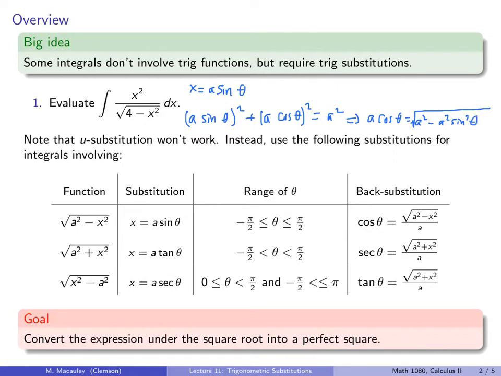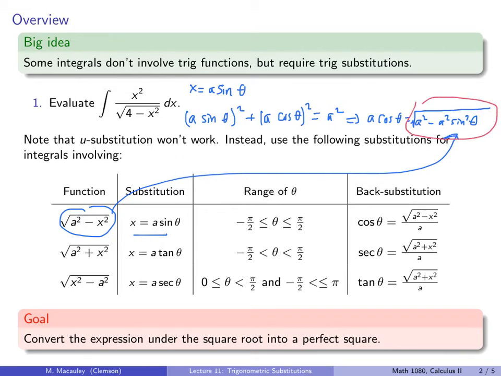And notice, when you make this substitution, this square root here is going to turn into that right there, which looks even worse until you realize that it is just equal to a cosine theta. And that is going to greatly simplify your integral right here. So what makes this work is just the fact that sine squared plus cosine squared equals 1.